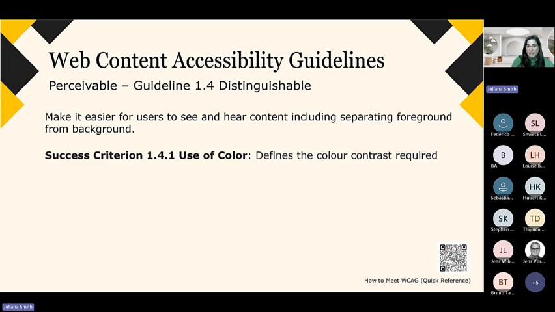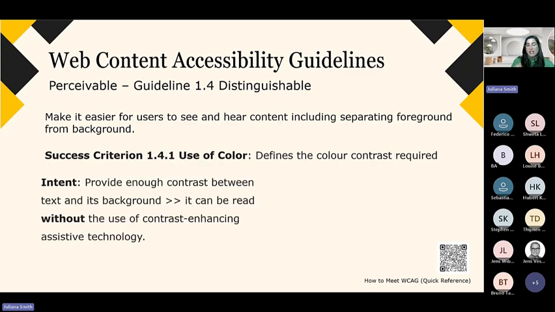The intent of these success criteria is to provide enough contrast between text and background so it can be read by people with low vision or impaired contrast perception without the use of contrast enhancing assistive technology. So even though we have high contrast mode, these criteria have to be achieved without the use of that high contrast mode, for example.